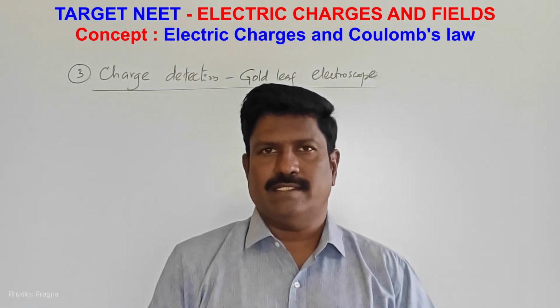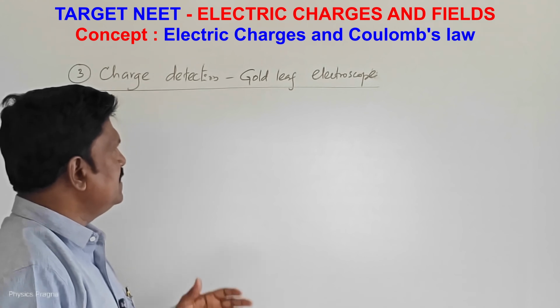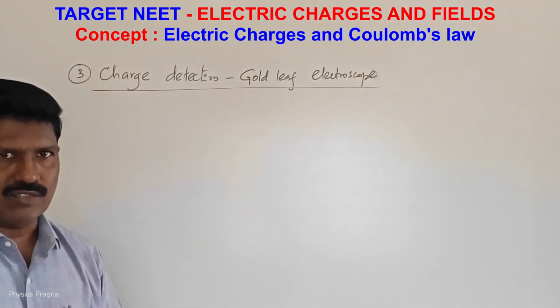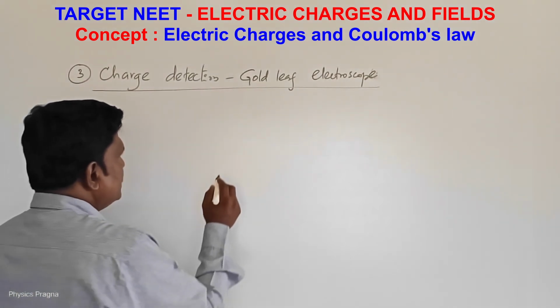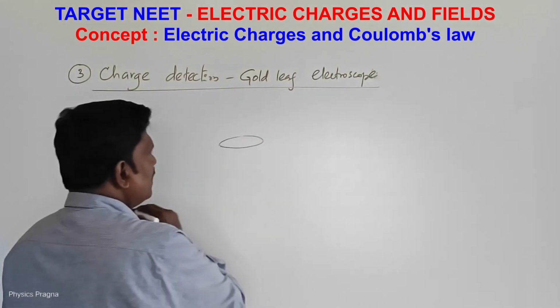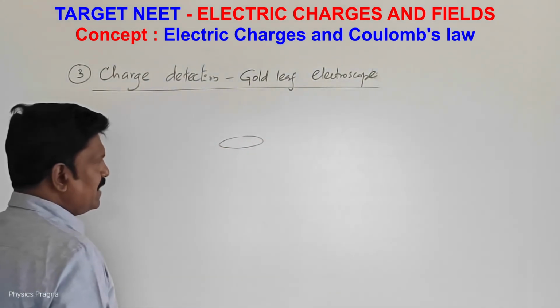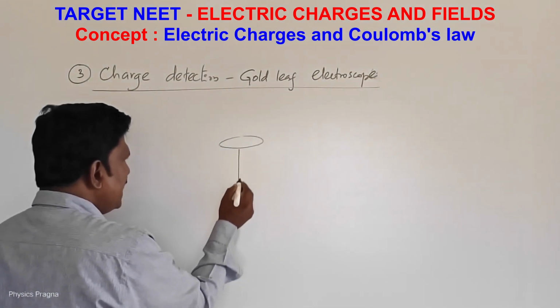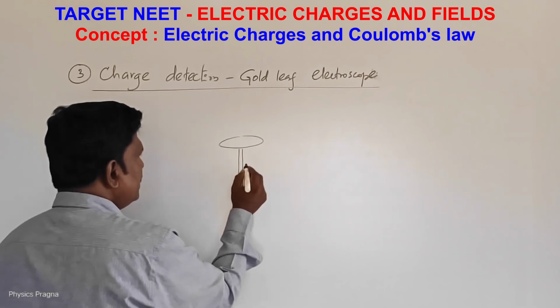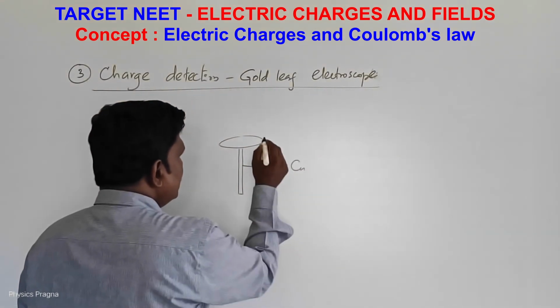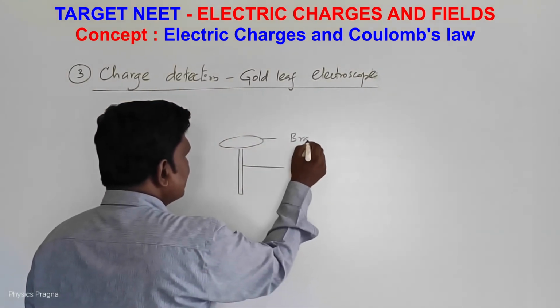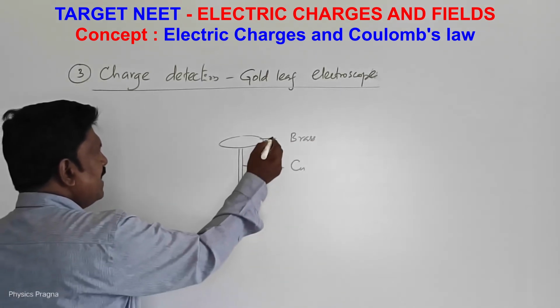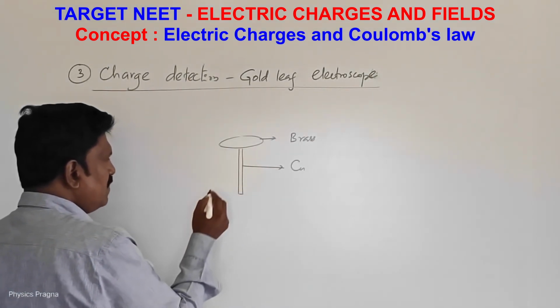Now, how to detect? The primary detector is a gold leaf electroscope. How does it work? See, it has a brass circular disc connected with a copper rod.